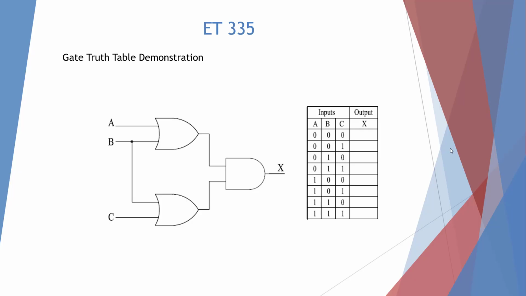Here we have a 3-input circuit, so we're going to have 8 possibles. So we need to go through each one. So here we go. So this would be a 0, this is going to be a 0, this guy's going to be a 0.